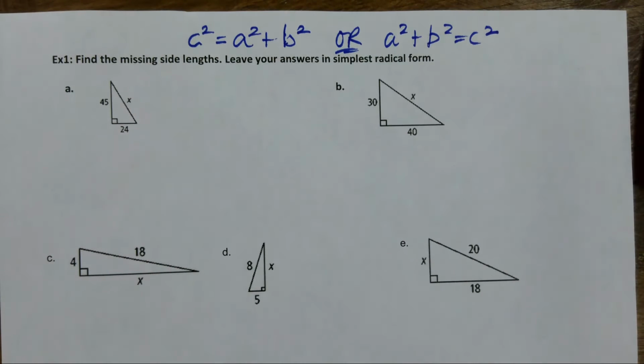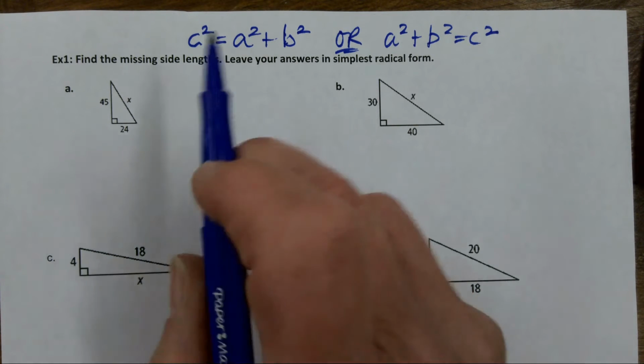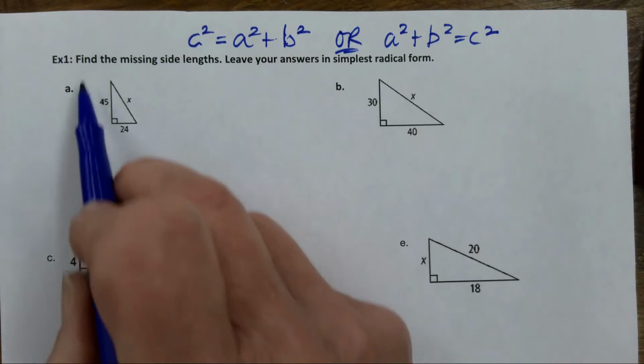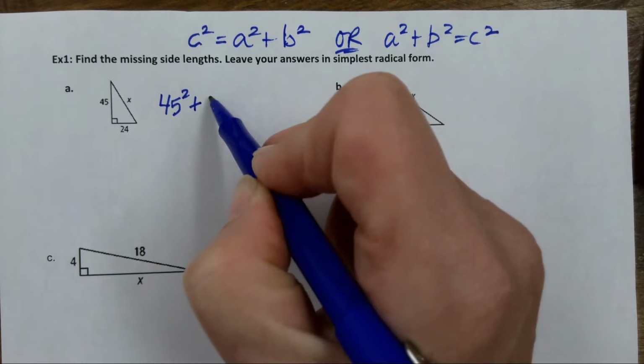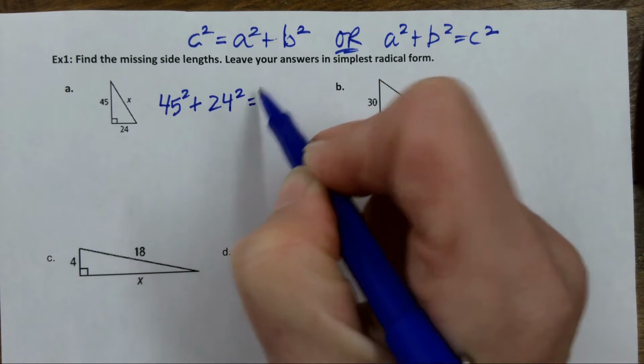The order of that doesn't matter, but the hypotenuse, the c part, the longest side, the one across from the right angle, has to be the one that stands alone. So in this first problem, I would say leg 45 plus other leg 24 equals hypotenuse.